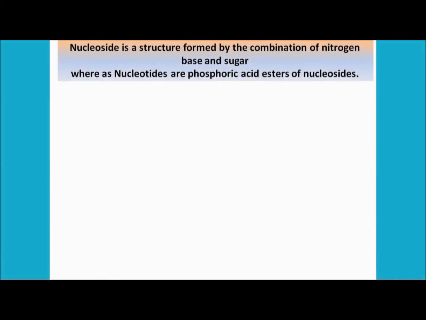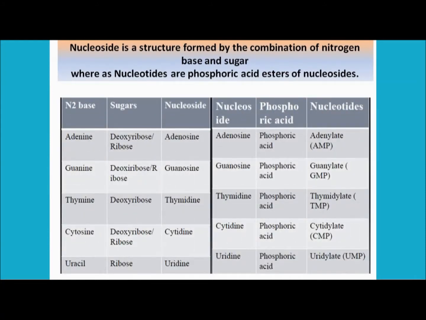Now we have already discussed this part in the introduction of biochemistry, which I took during the classes. So we know that a nucleoside is a structure formed by the combination of a nitrogenous base and a sugar. So when a nitrogenous base is combined with a sugar, it forms the nucleoside.